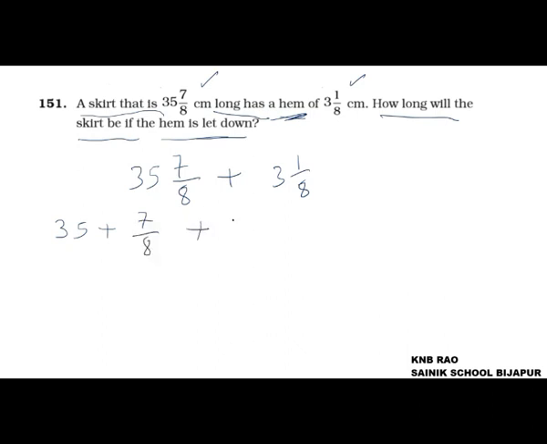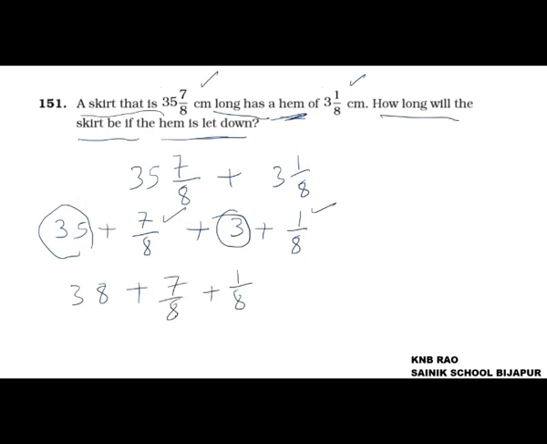Similarly, 3 integer 1 by 8 is nothing but 3 plus 1 by 8. Now it is easy to add 35 and 3, which is 38, and it is easy to add 7 by 8 to 1 by 8. Because they both are fractions with the same denominator, they can straight away be added. 7 plus 1 is 8, and 8 by 8 is 1.